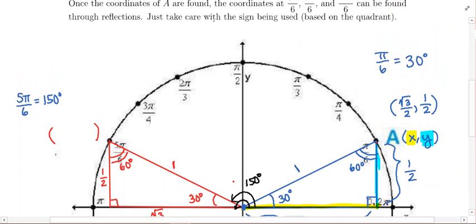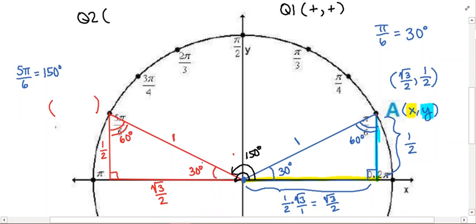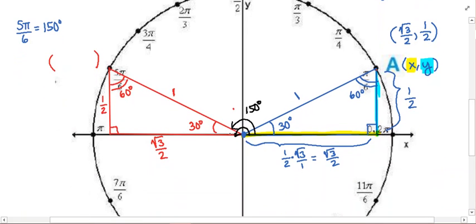Remember, in quadrant 1, your x values are positive and your y values are positive. In quadrant 2, you've got negative x values and positive y values. If you look at your xy axis, if you're traveling along the x-axis in quadrant 2, you're to the left of the origin, so your x coordinates are going to be negative.